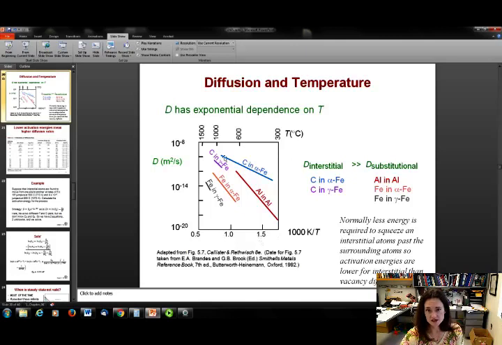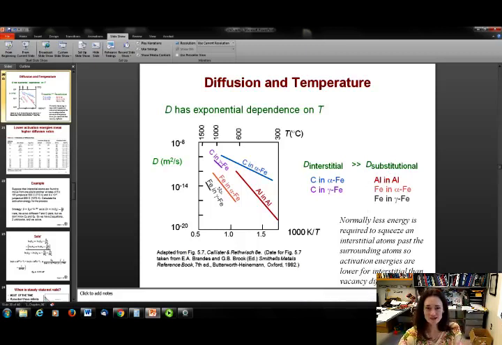So you can see that on this graph it forms these straight lines. A couple of things to note: the diffusion coefficient for interstitial diffusion is greater than for substitutional diffusion. So here it's comparing carbon moving through iron in a couple of its different forms to aluminum through aluminum, or iron through iron.